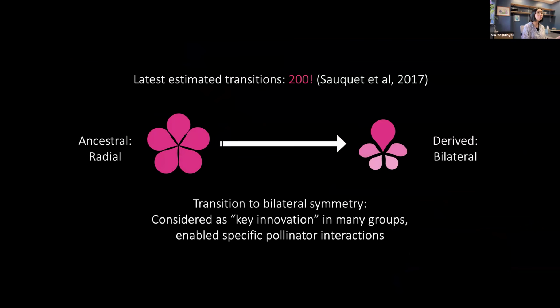The transition from radial to bilateral was also considered a key innovation in species-rich groups like orchids and legumes, because this change in floral form enabled very specific pollinator interactions. So it is also an ecologically very important trait.